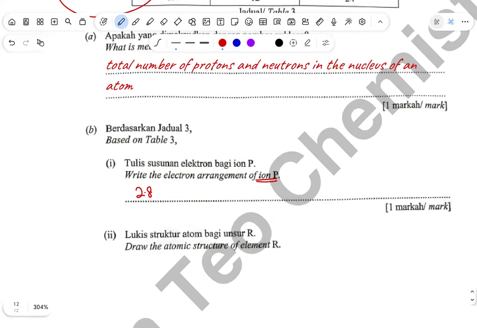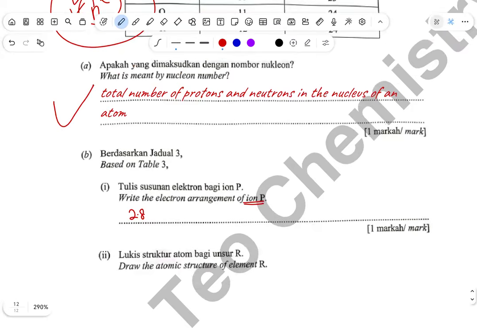So guys, let me know in the chat box, are you okay with the definition and electron arrangement of atom and ion? Your theory might be okay, but sometimes you forget to write one word or you didn't realize the differences between atom and ion and you lost the marks without knowing, which is a bit wasted.